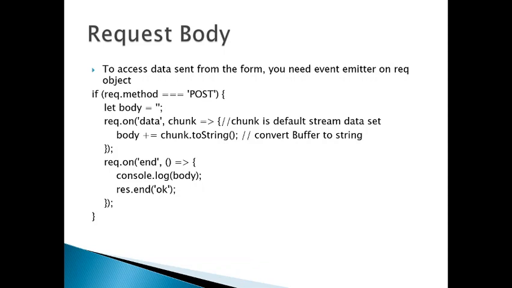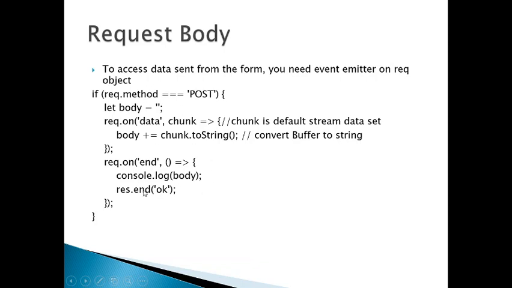In Node, if the method is equal to post, that means the browser has sent some variables. On the server side, we have to listen on request.on, and it will read chunk by chunk into a body, and we convert this chunk into a string, buffer to string, and at the end we will get all the data.